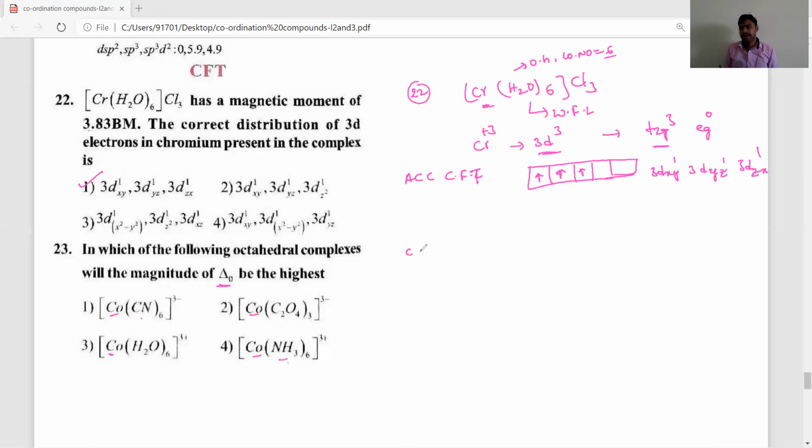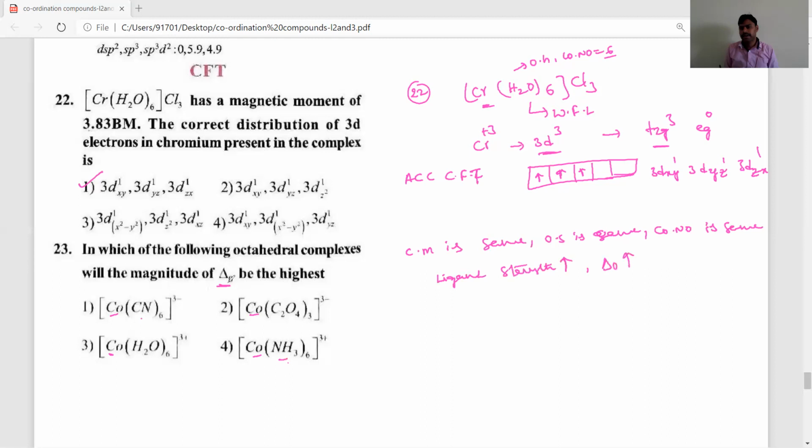So the central metal is the same, the oxidation state is the same, the coordination number is the same, then as ligand strength increases, the delta naught value increases.